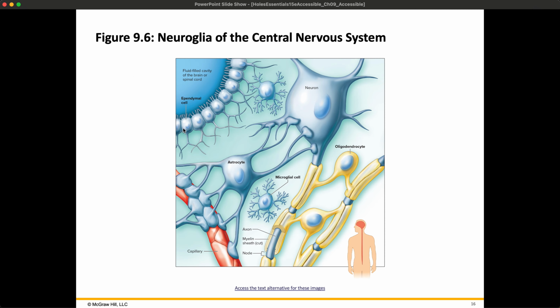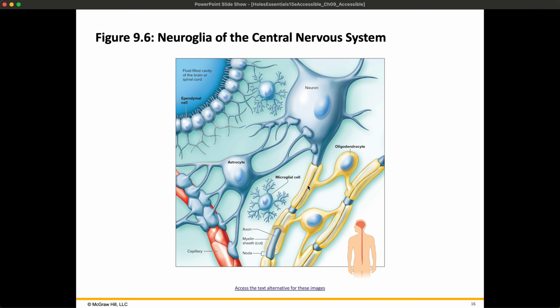Here's the central nervous system. You can see those ependymal cells making the cerebrospinal fluid, astrocytes forming this barrier between blood vessel and the neuron, adding an extra level of filtration before things enter the central nervous system. Here's a microglial cell doing its phagocytic activities, and there are oligodendrocytes.